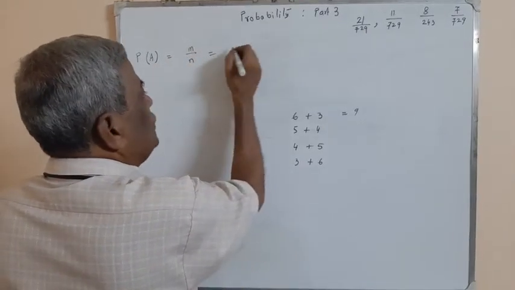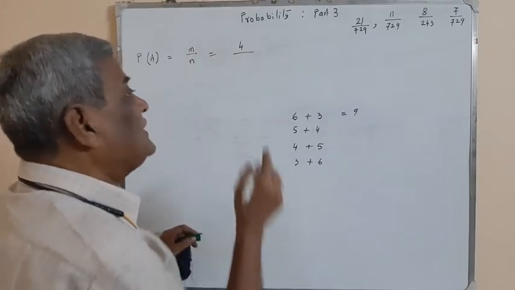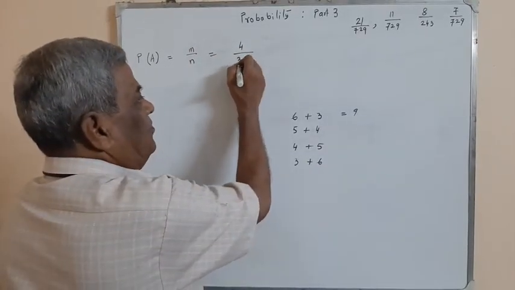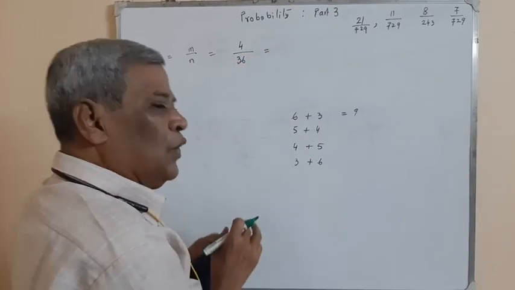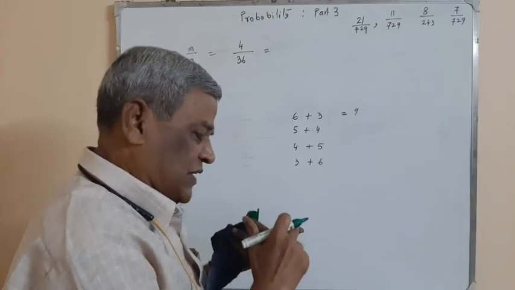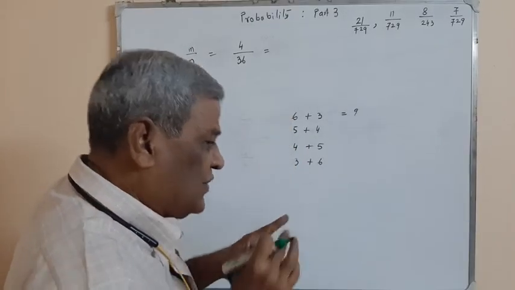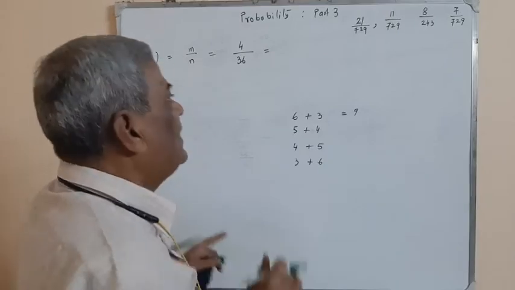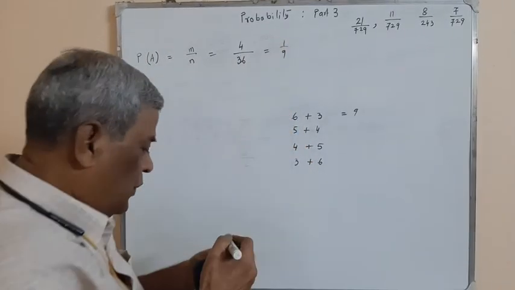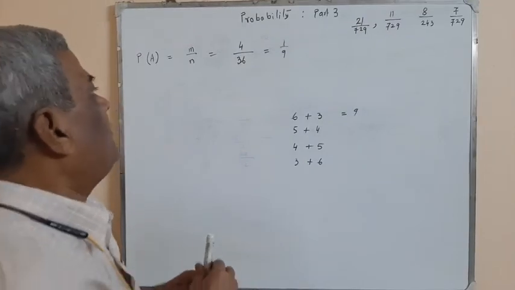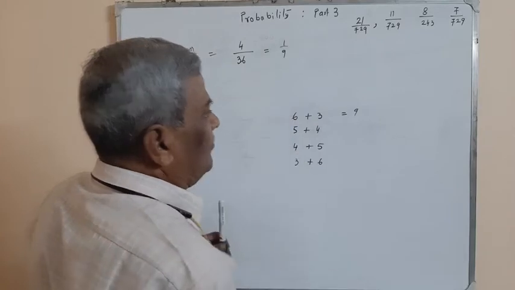Here m is equal to 4 and n is equal to 36, 6 square. Why 6 square? For 1 die it is 6, for 2 dice it is 6 square, for 3 dice it is 6 cube. So it is 1 by 9. So probability of getting a score of 9 for 2 dice is 1 by 9.